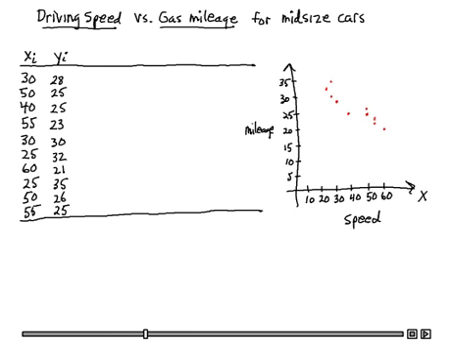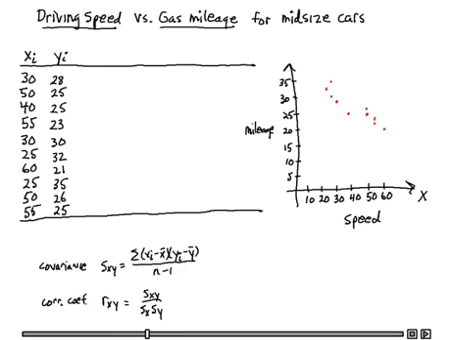Now, what we're going to do next is calculate the sample covariance and then the correlation coefficient. By looking at these two formulas, the covariance is going to have us do some calculations with the individual data points, both the x's and the y's and their averages, and the sample size. It looks like we have 10 data points there, so n would be 10.